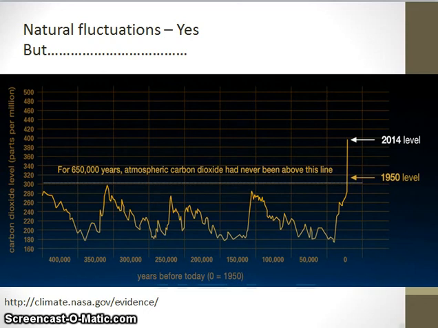But since 1950 until today, you can see that almost vertical climb in carbon dioxide. That's pretty much evidence that while there are natural fluctuations in carbon, human activity has contributed a huge increase in carbon.